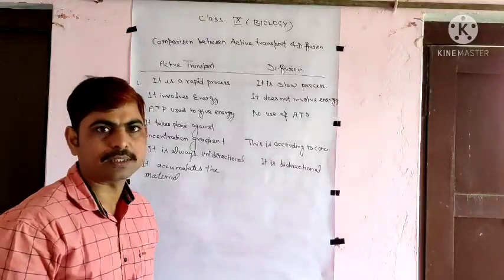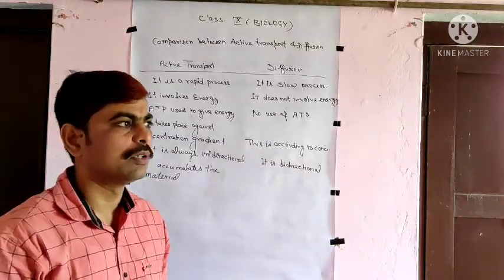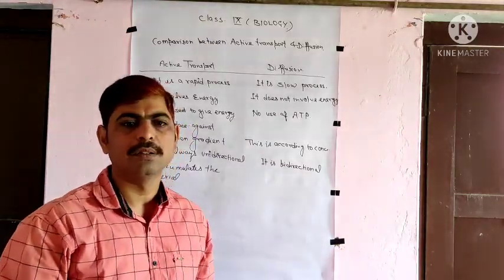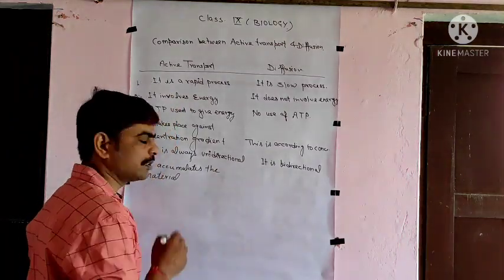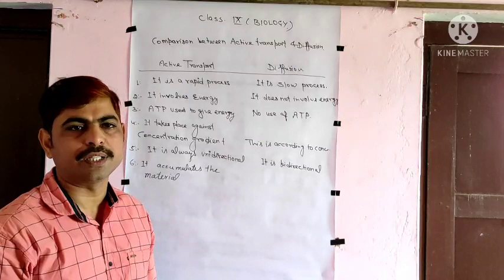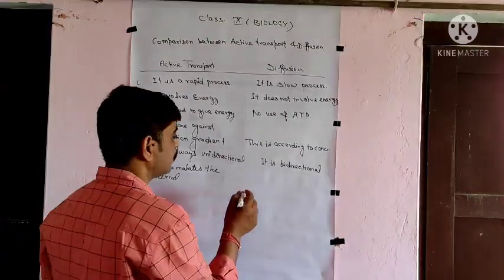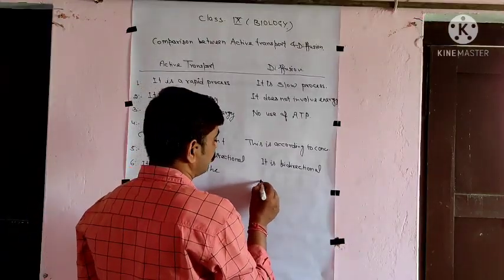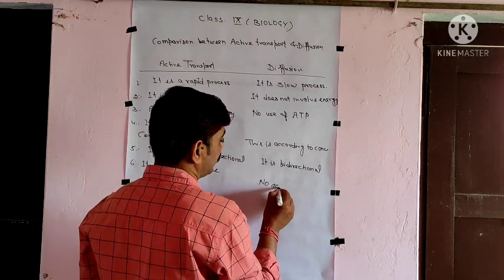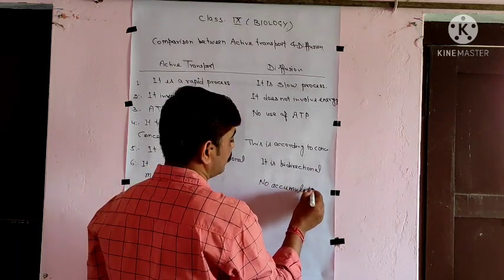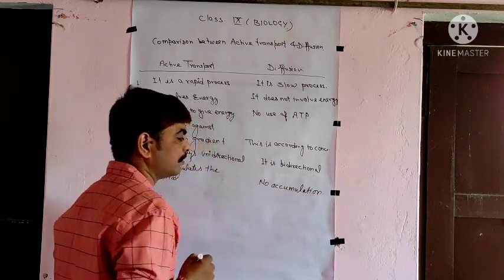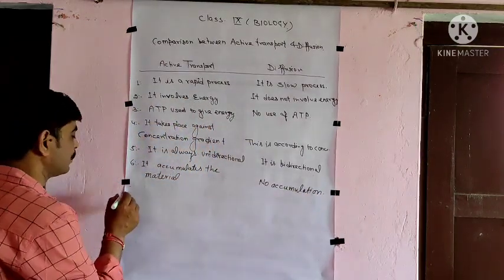Means against the concentration gradient, wherever there is low or high, no matter, it only transports against the concentration gradient, so there is a possibility of accumulation of material. Here, in diffusion, no accumulation. It attains the equilibrium of concentration, so there is no accumulation of material.